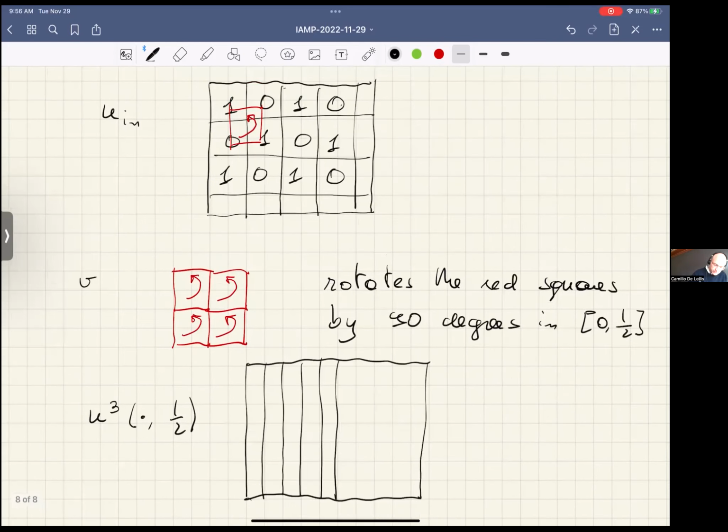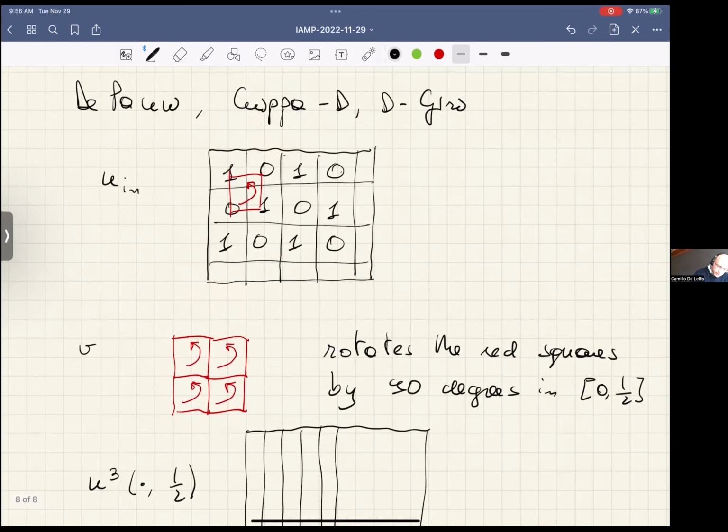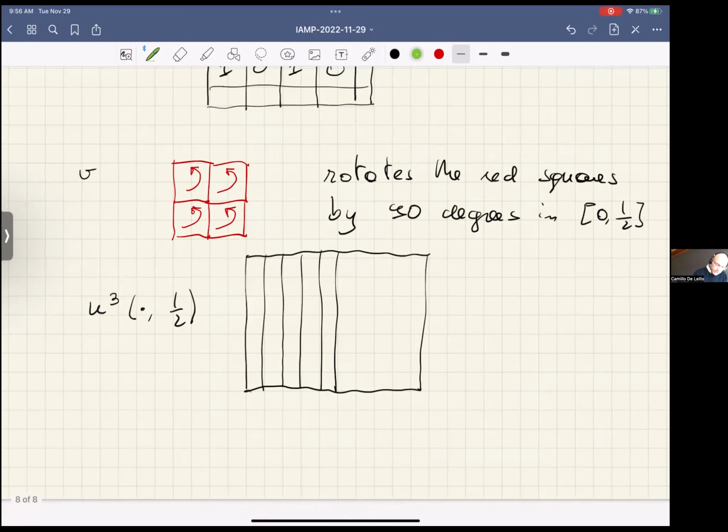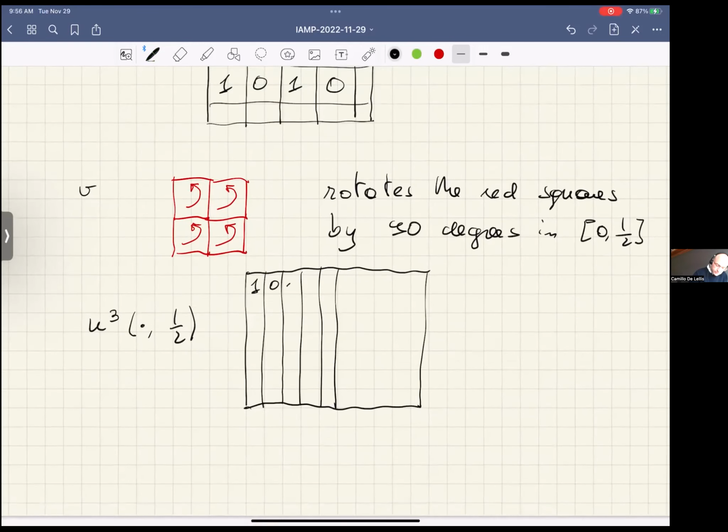Because you have to imagine that this region in which the function was equal to 1 gets transported, and this region in which the function was equal to 0 gets transported to this region. Okay, so now you have your new checkerboard. And maybe you see what I actually want to do next, right?